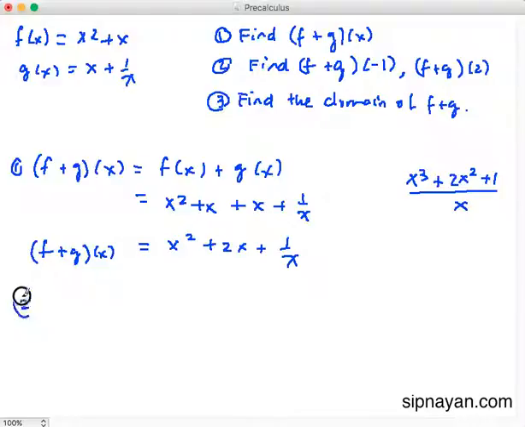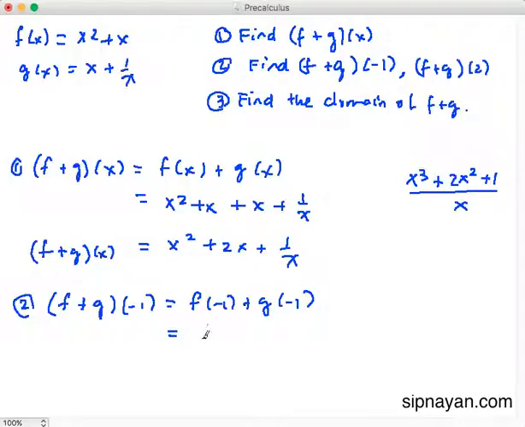So, sa number 2, we have to find f plus g of negative 1, which is the same as f of negative 1 plus g of negative 1. Pwede na natin diretso i-substitute dito yung x, kasi meron na tayong f plus g of x. But practice muna tayo, so from the original function, i-substitute natin f of negative 1.